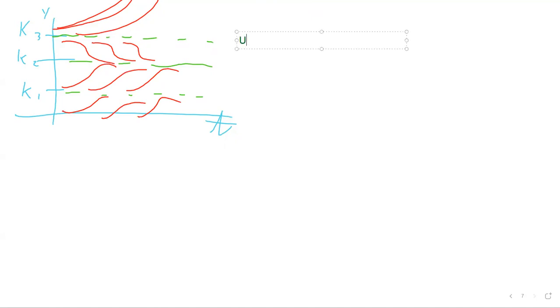So right here, this is unstable because everything's running away. And this also is marked as a threshold because on the top they go to one limit, on the bottom they go to another limit.